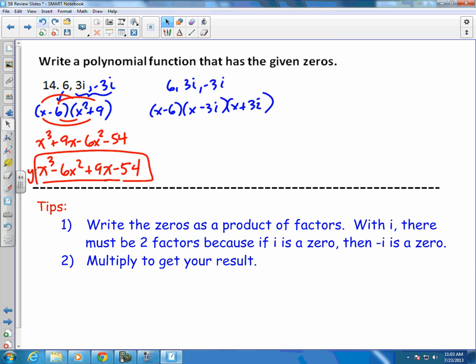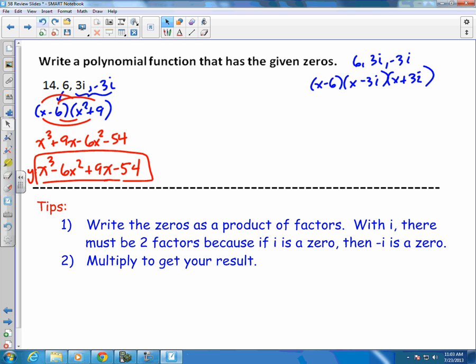Right? Again, if you didn't see what we were saying here, I'm going to give myself a little bit more space. Then you got to FOIL out the x plus 3i and x minus 3i, and you got to remember your rules with i. The rules with i say if I multiply i times itself, I get i squared. i squared is negative 1. So in this particular problem, I got x minus 6. I'm going to leave that alone. But what you're going to eventually see is by FOILing this out, you're going to get x squared plus 9.